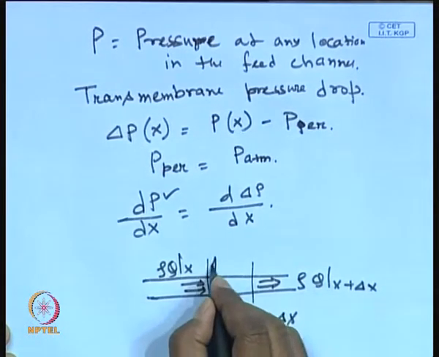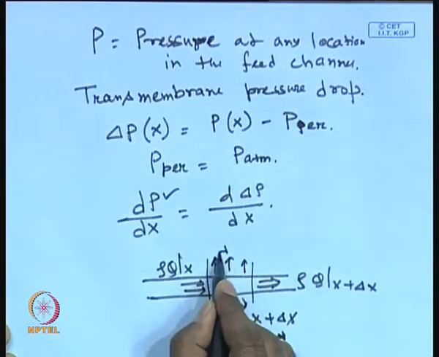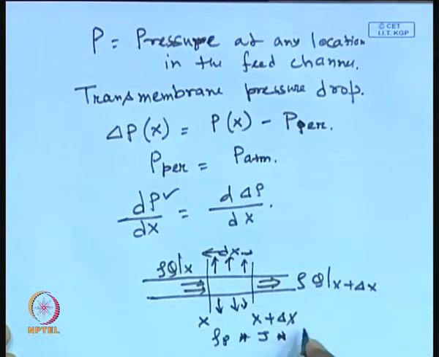And the material going out from the wall, that means the permeable wall, will be nothing but rho permeate multiplied by J times 2w dx, right, this length is dx.